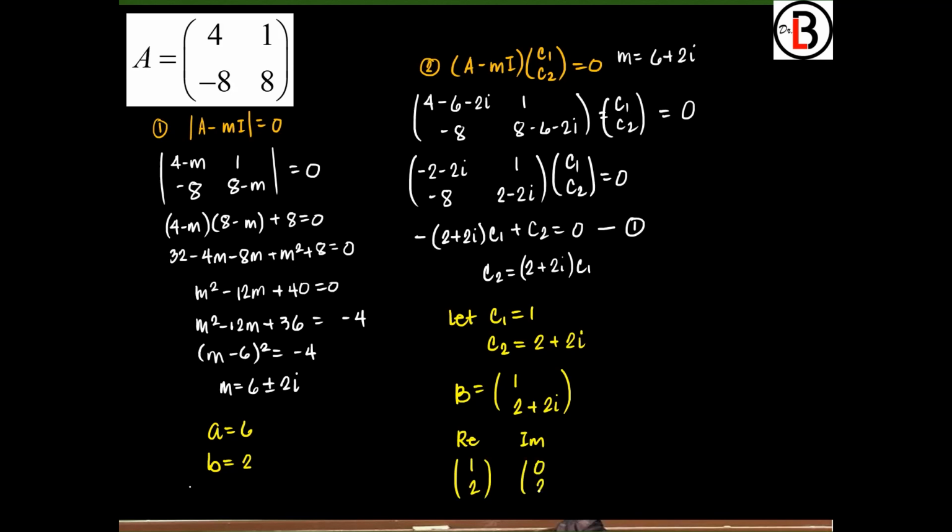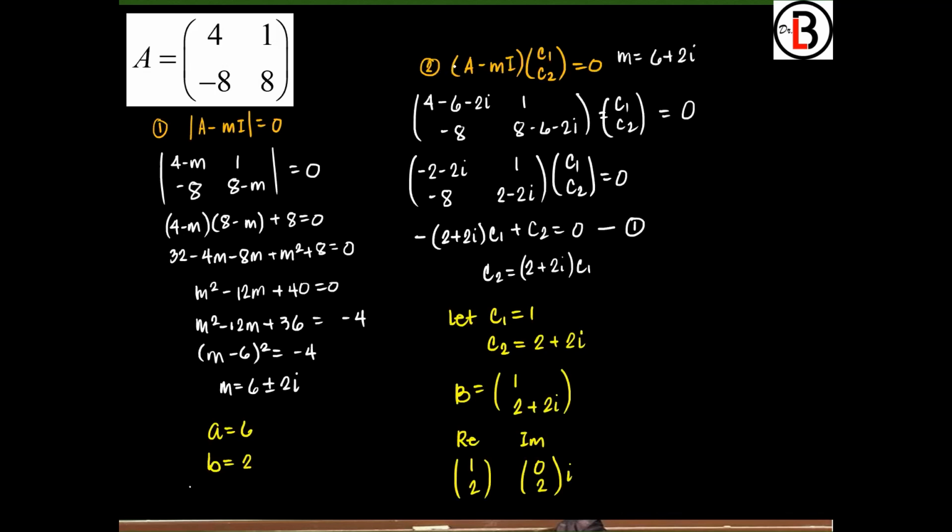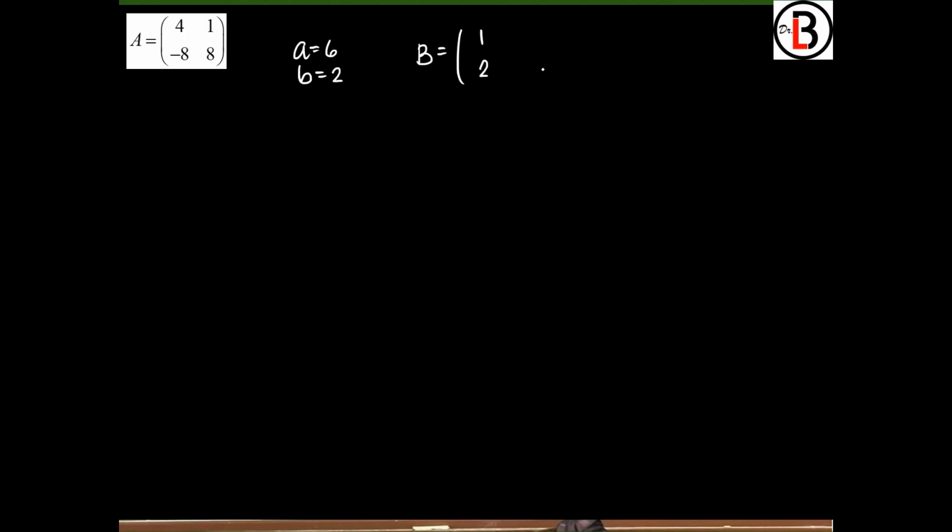This is 0, 2 with an i, right? Okay. Third step, take note that your a is 6, b is 2. Your B is actually 1, 2, and 0, 2 is your real and your imaginary.